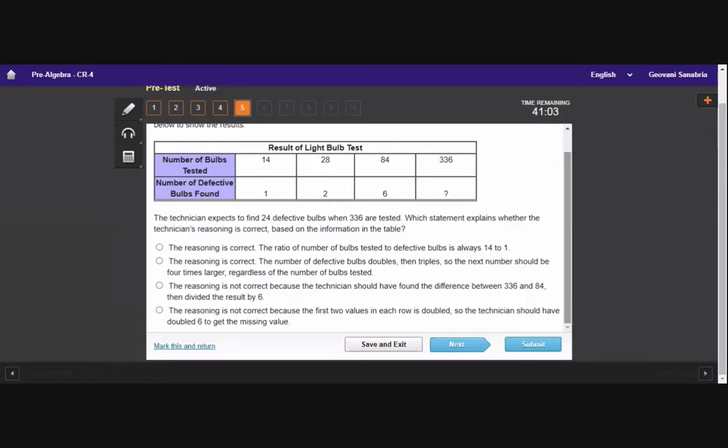I'd say it's A. The reasoning is not correct because the first two values in each row is doubled. So a technician should have doubled 6 to get the missing value. I say the correct one is also A.